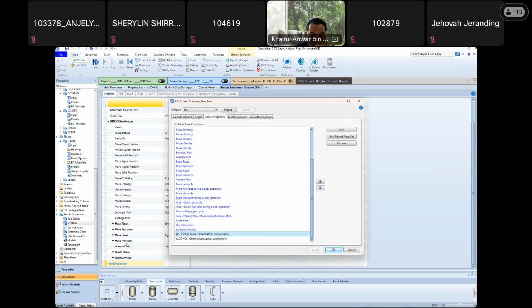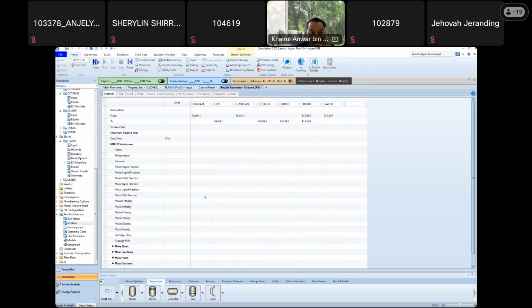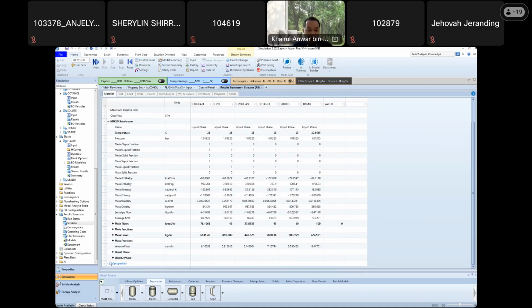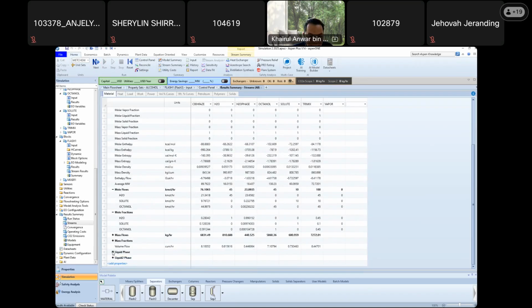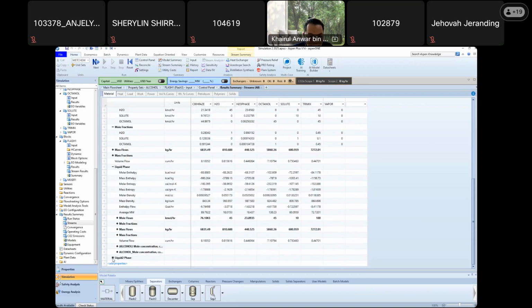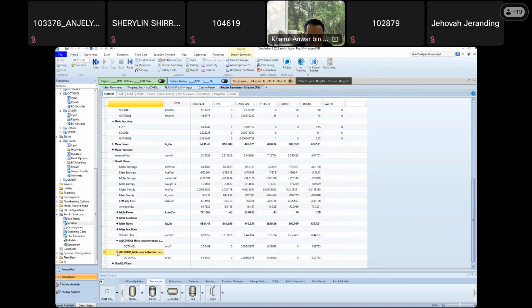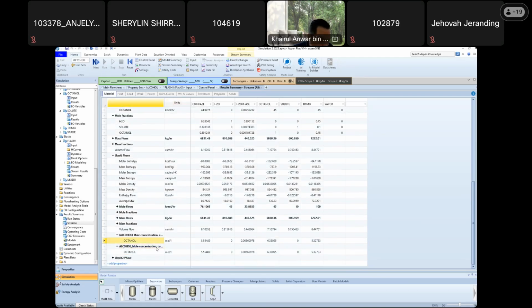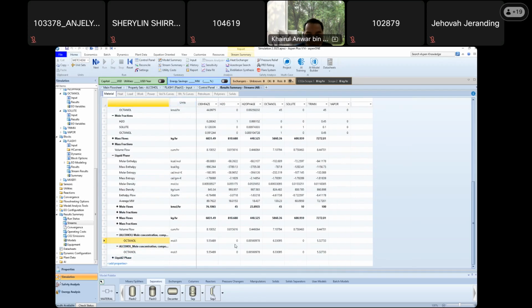All in liquid phase. Volume block. More concentration component.